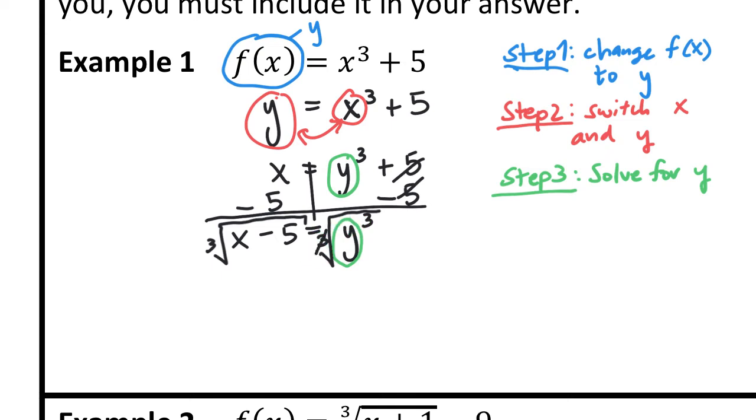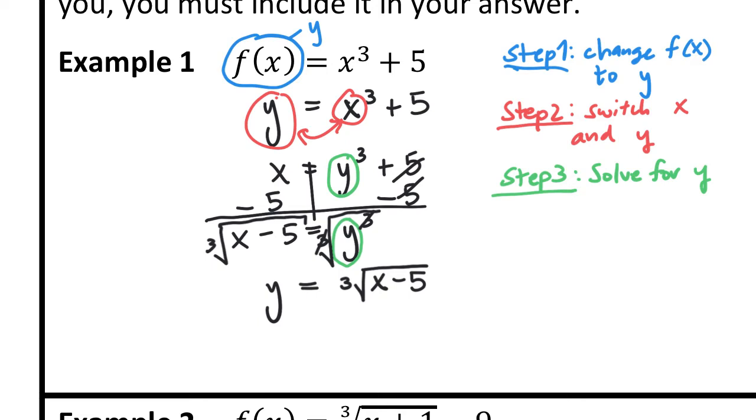So when you do the cube root, it cancels the third power. And so my answer becomes y equals the cube root of x minus 5. I just rewrote this: I put y over here, and then the cube root of x minus 5 over here.